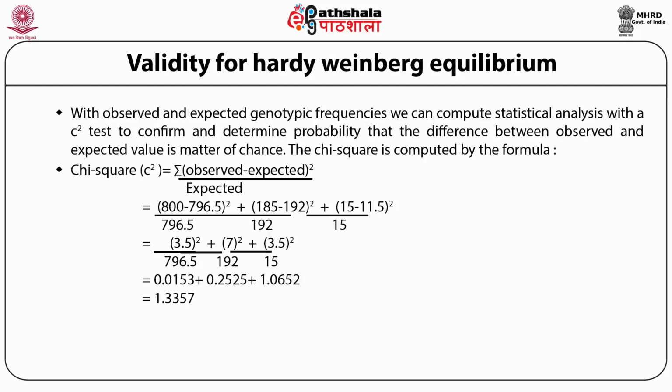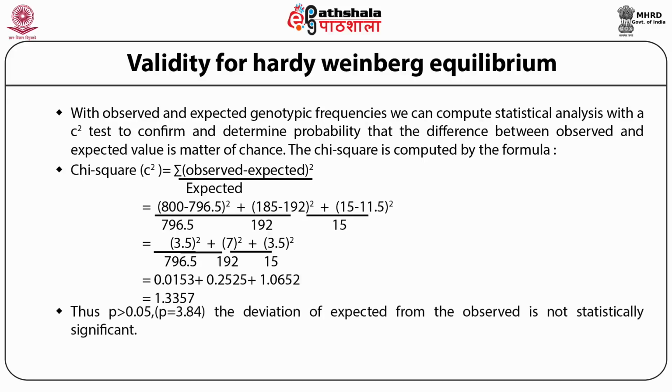We can apply the formula for all three genotypes and obtain a value. In this case, the value is 1.3357. The critical value at 0.05 is 3.84 and our value is 1.3357. This shows the deviation of expected from observed is not statistically significant.